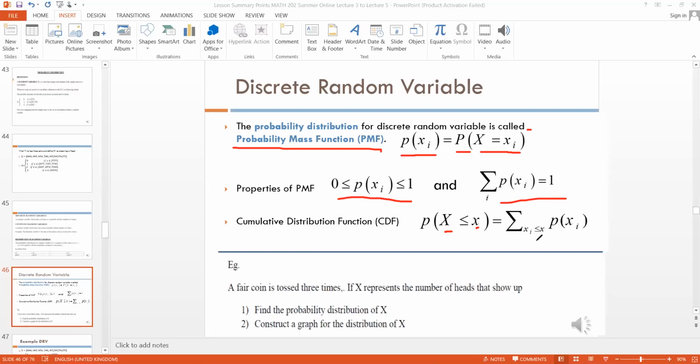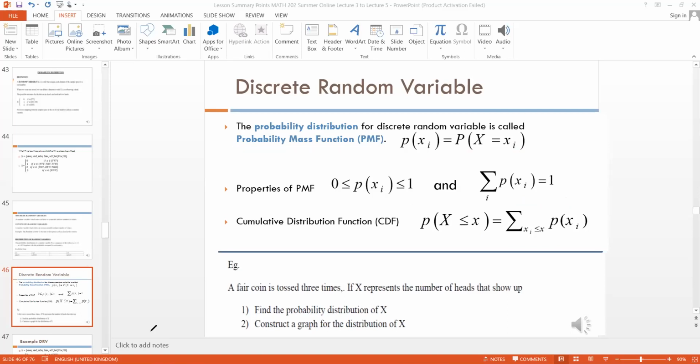It is equal to the summation of the probabilities before we get to that particular point X. You sum all the probabilities before we get to the point X. Good. Now let's take a very simple example to construct the first probability distribution, and then continue from there.